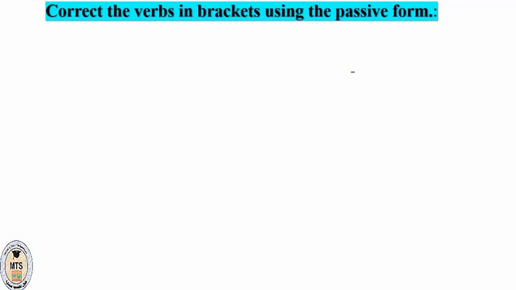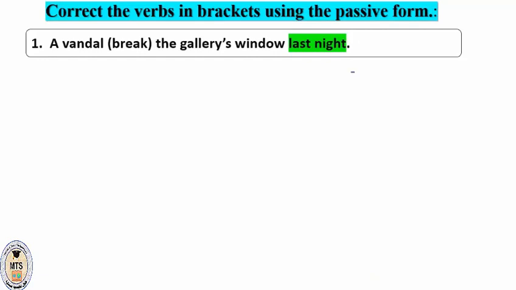Now we have a simple exercise about what we had taken before. I want you to correct the verbs and practice using the passive form. A vandal broke the gallery's window last night. Who can answer? I want to correct the verb according to last night here.